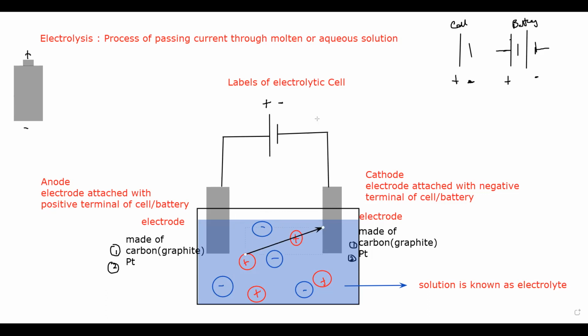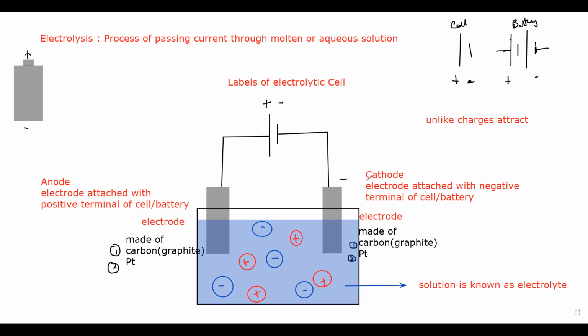Yeah, that's right. Because the positive charges, as we know, unlike charges attract each other. So unlike charges attract, so we know this is a negative plate.